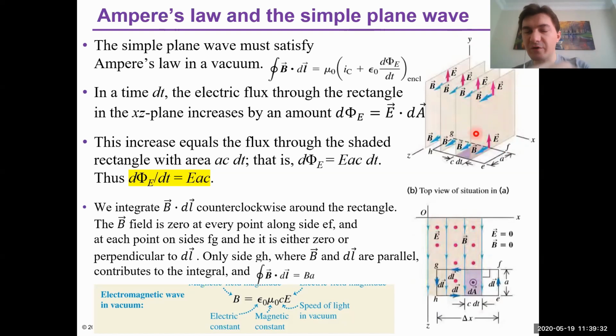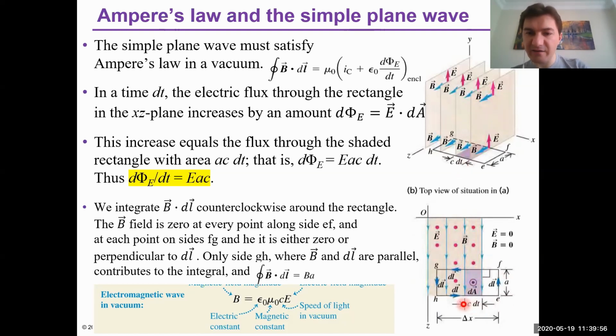We are looking from y, from the top, you can consider. And this is the direction of B along the z direction. You see this blue color, the direction of the magnetic field. On the right side here, we don't have an electric field and we don't have a magnetic field. Here we have the area which we have defined.